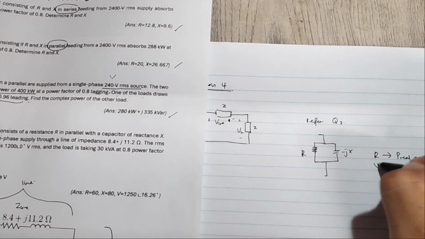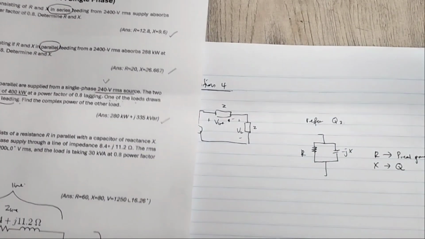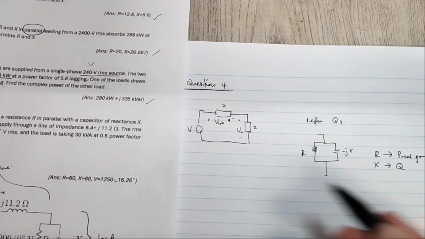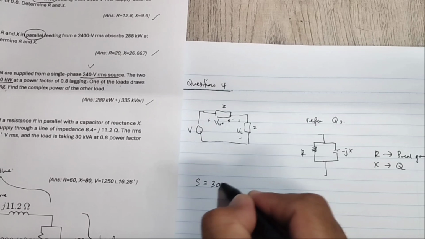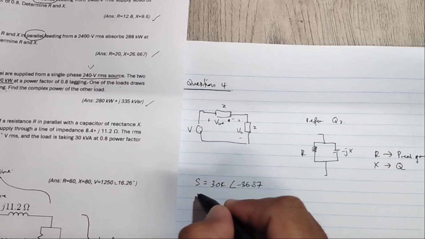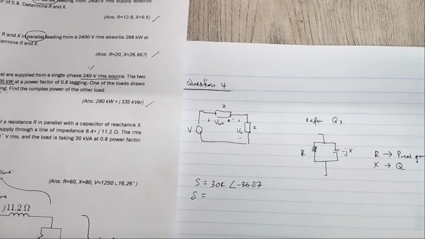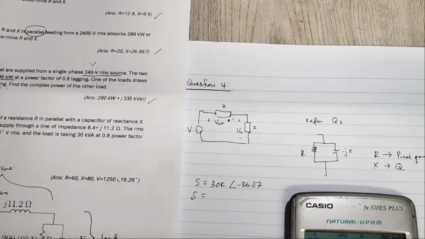Value R, value X melalui Q. Okay, maklumat yang kita dapat tadi, S is equal to 30K minus 36.87. And then convert dengan calculator akan dapat 30K minus 87 akan dapat.